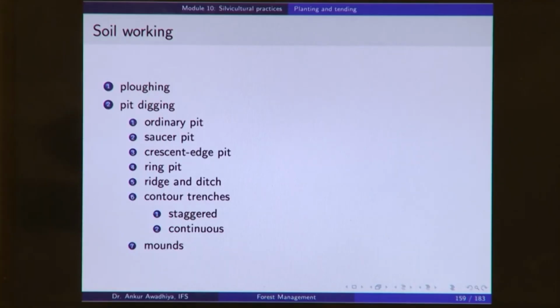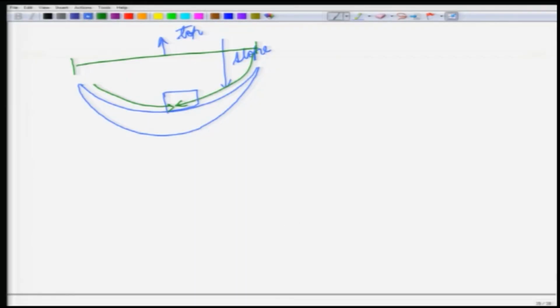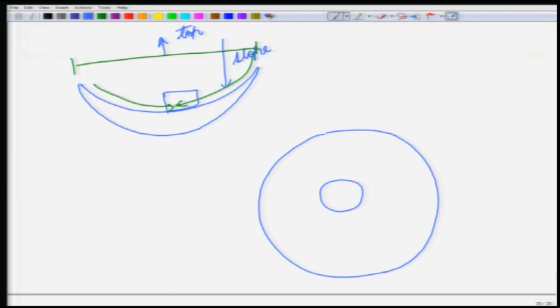Next, we have a ring pit. Now, in the case of a ring pit, you have a pit which is surrounded by a large sized trench in the form of a ring.